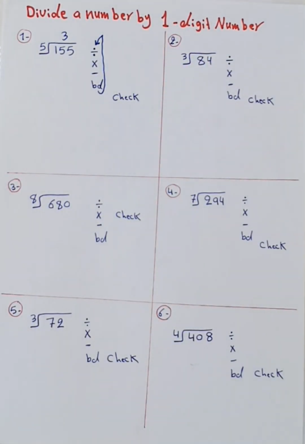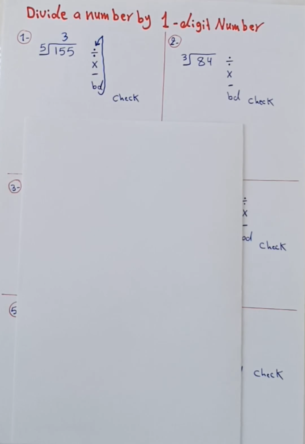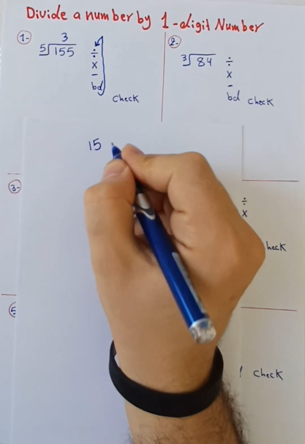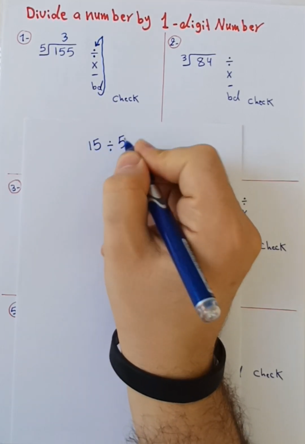Or if you don't know the multiplication table, you can use this way, but this way takes more time. For example, you have 15 divided by 5.